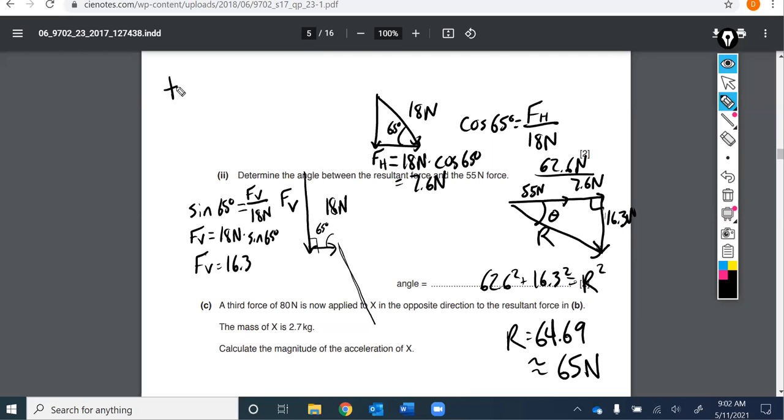So we can say that the tangent of that angle theta is equal to opposite, 16.3, over adjacent, 62.6.